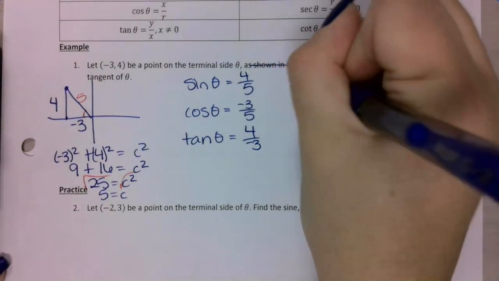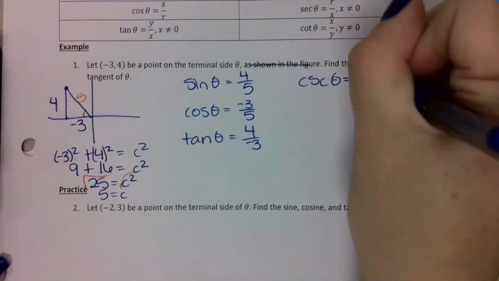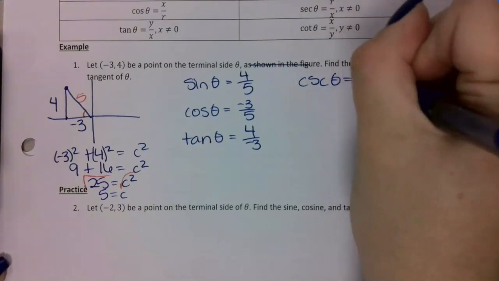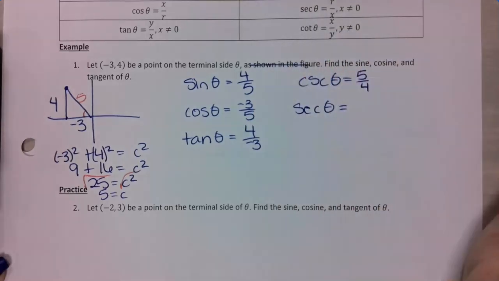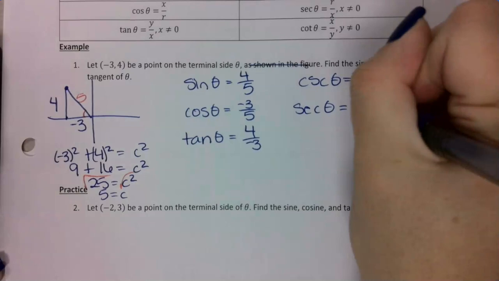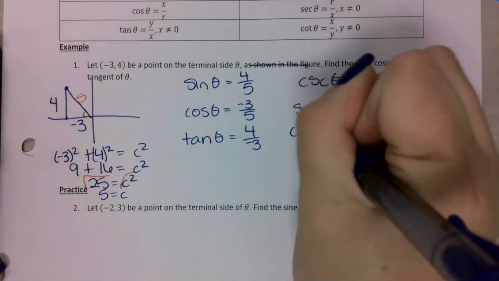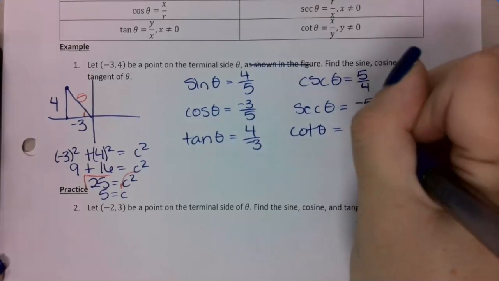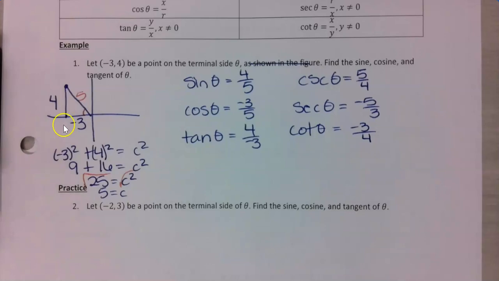Then cosecant flips sine. So flipping 4/5 turns it into 5/4. Secant flips cosine, so that gives me negative 5/3. And then cotangent flips tangent. Questions here?